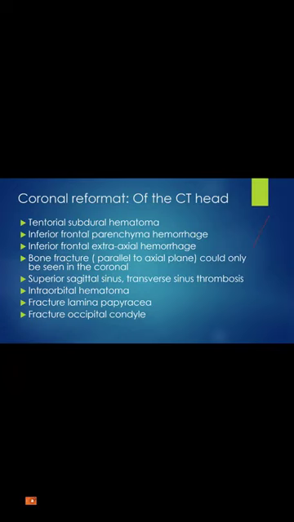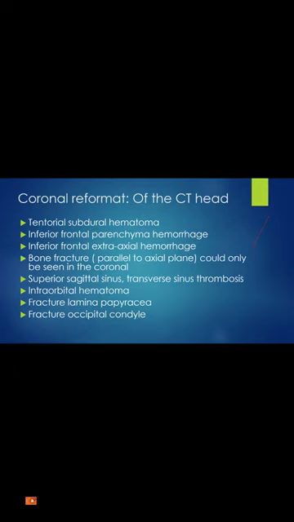Importance of the coronal formats. Again, the tentorial subdural hematoma, specifically if it's minimal. Inferior frontal parenchymal hemorrhage also can be easier to see, especially near the midline, like the parafalcine frontal lobes.